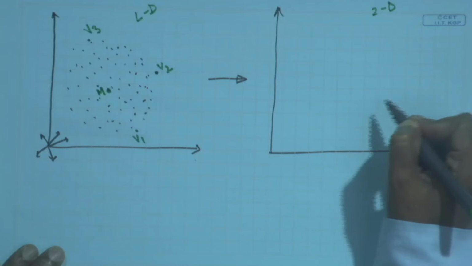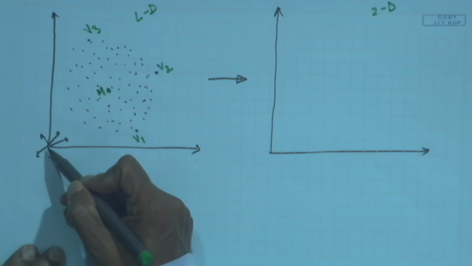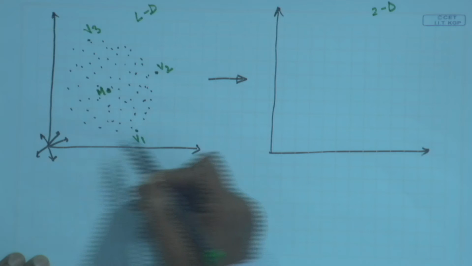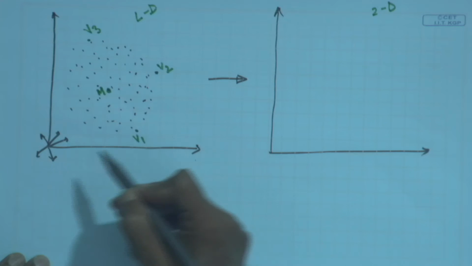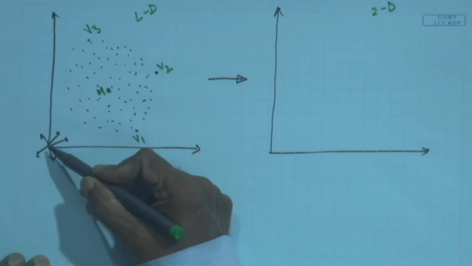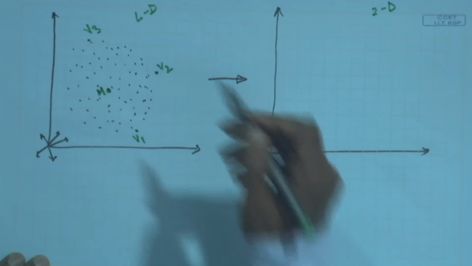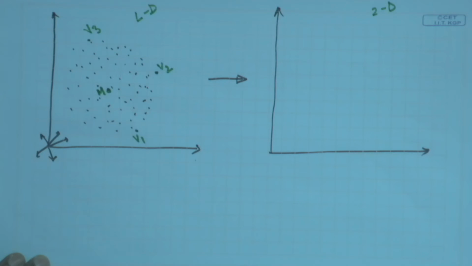So, how to find out the pivot points in 2D plane? What we do is we find the Euclidean distance between the origin in higher dimensional space and V1, then the Euclidean distance between origin and V2 and origin and V3. So, I will be getting 3 Euclidean distance values, and keeping these values, we draw 3 circular arcs in 2D plane.